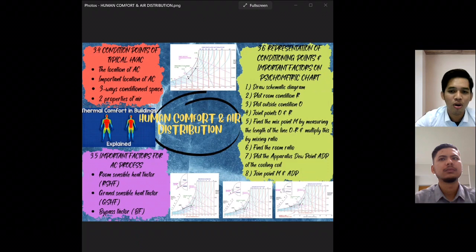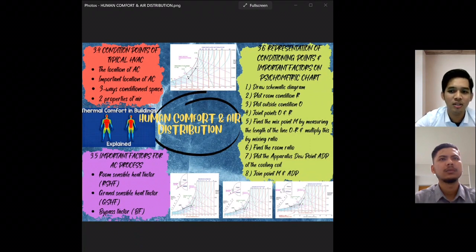The important locations for air conditioning are design condition, return condition, outdoor condition, mixing condition and supply air condition.